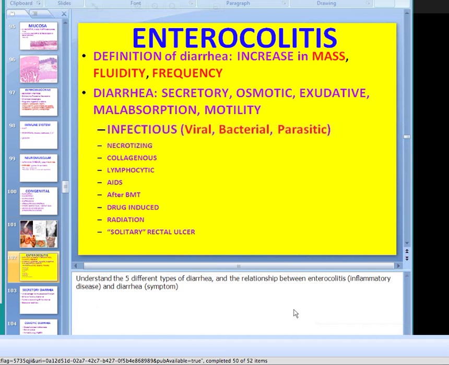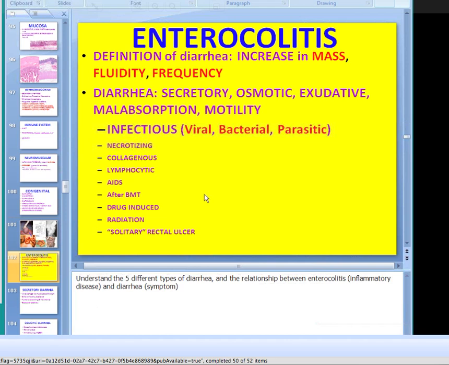So if your stools are more fluid or more frequent or more massive, that's all diarrhea. Rather than go into the massive differential diagnosis of diarrhea like a cookbook, we're going to take it from a point of view of pathophysiology. We're going to understand the differences between secretory, osmotic, exudative, malabsorption, and motility.